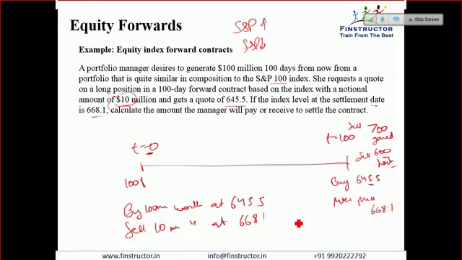So what will her gain be? Sell at 668.1, buy at 645.5, divided by 645.5 multiplied by 10 million, because this whole transaction was for an amount of $10 million.